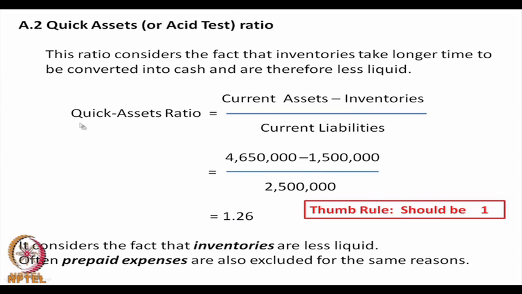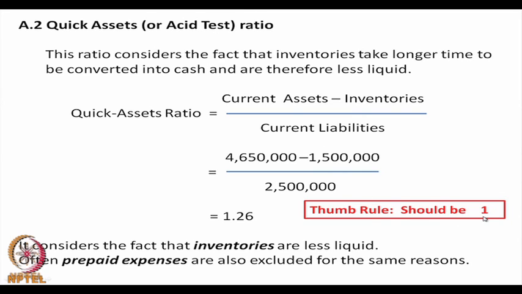This is called quick assets ratio or acid test ratio, because it does not consider the less liquid item of the current asset, which is inventories. And the thumb rule is that this ratio, the acid test ratio, should be about 1.